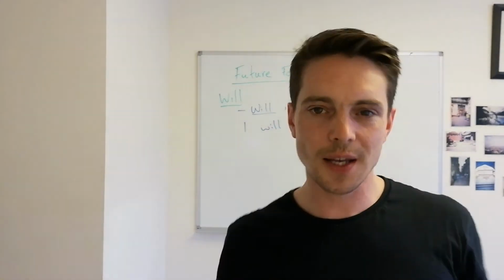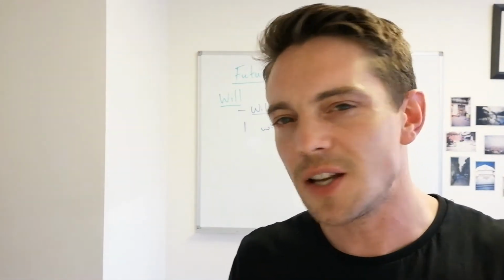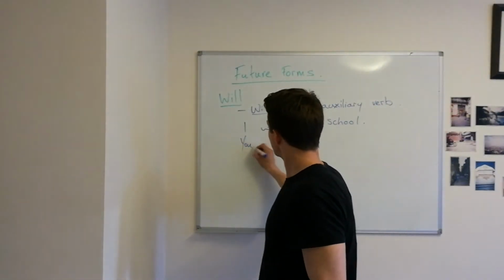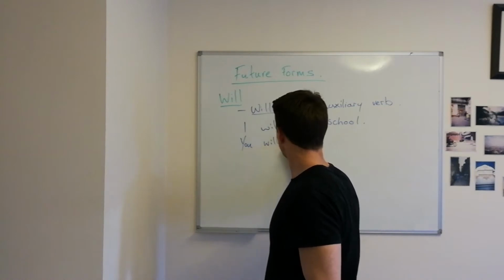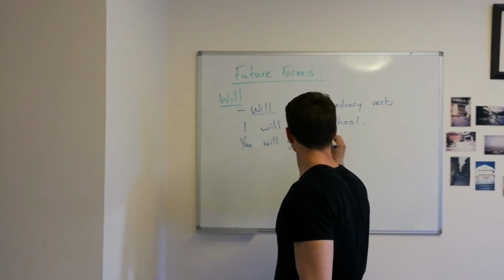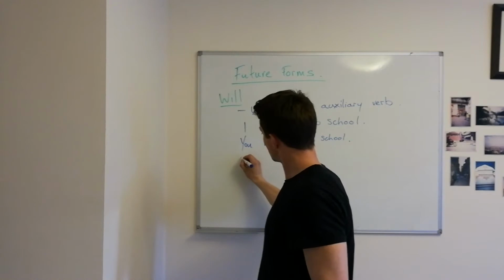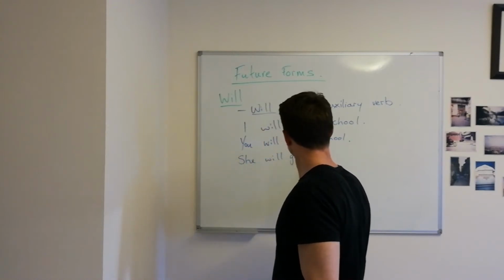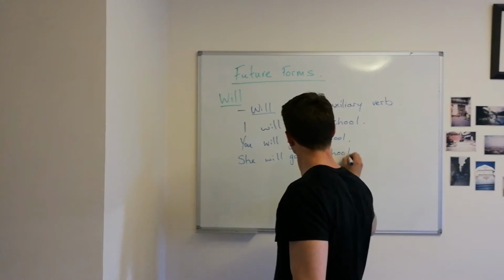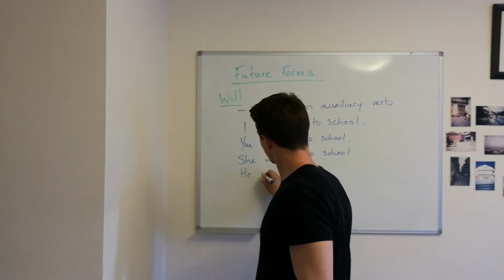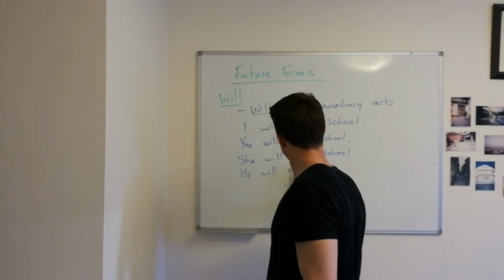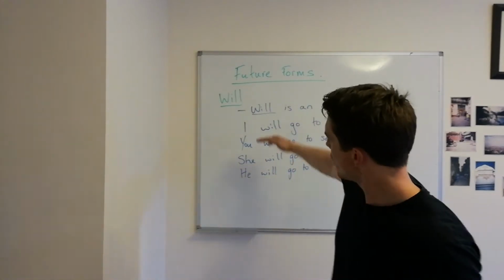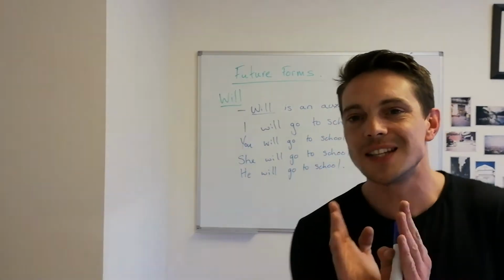And because will is an auxiliary modal verb, it does not change with he, she, or it. So you can say, I will go to school, you will go to school, she will go to school, he will go to school. All the way down with all the persons, it's the same form.